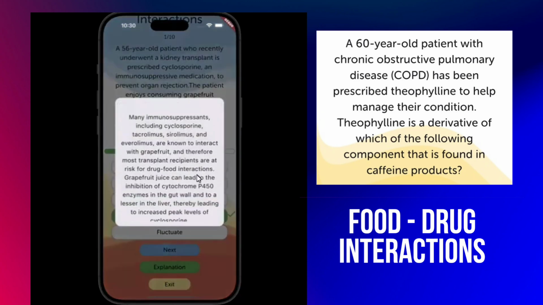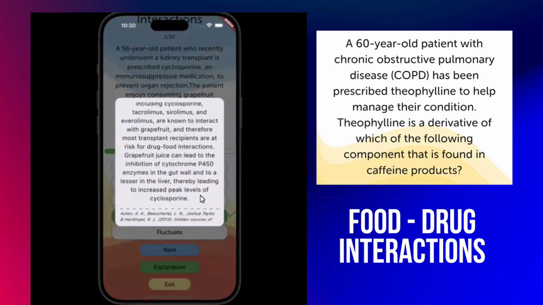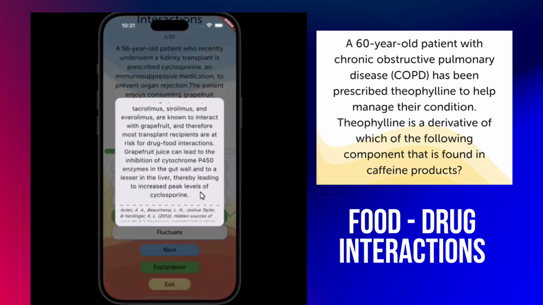So many immunosuppressants like cyclosporin, tacrolimus, sirolimus, and even everolimus are known to interact with grapefruit or grapefruit juice, or any extracts from grapefruit, and therefore most transplant recipients are at high risk for food-drug interactions, okay?